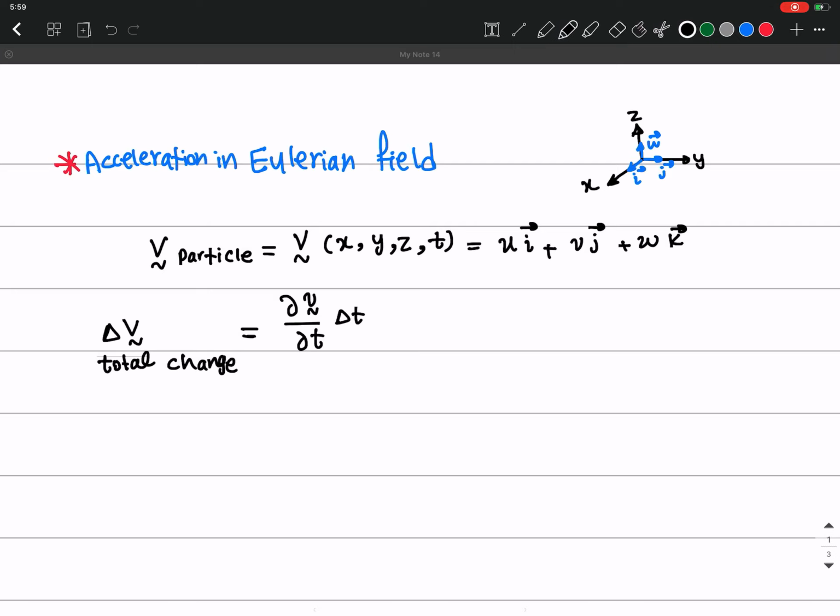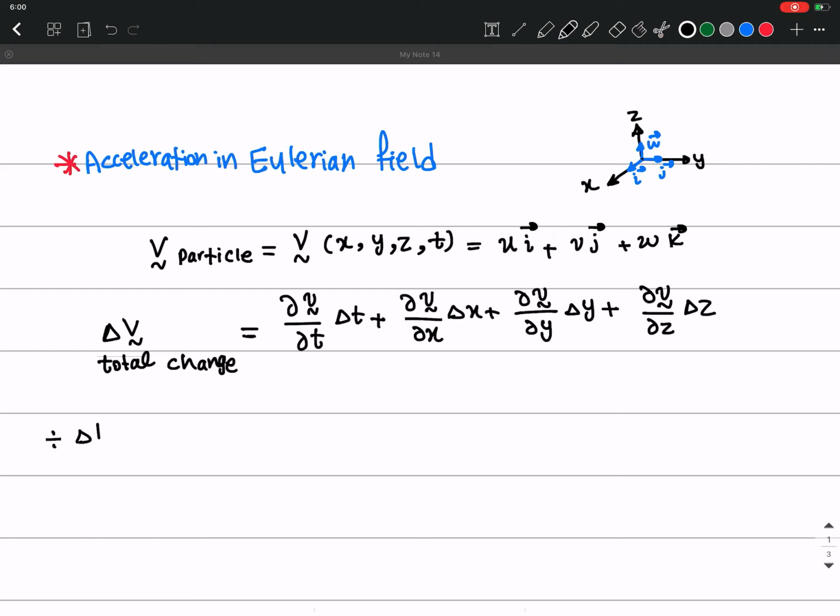Then how much the velocity changes in the x direction: partial v over partial x times delta x, plus partial v over partial y times delta y, plus partial v over partial z times delta z. Okay, so I can write the total change of velocity in terms of each of the variables that it depends on.